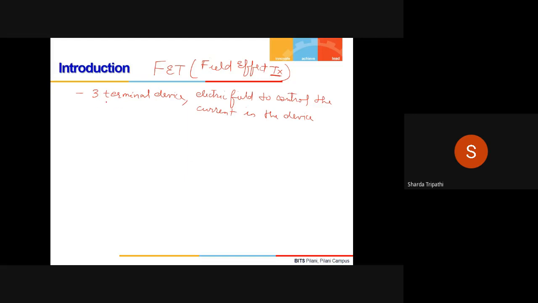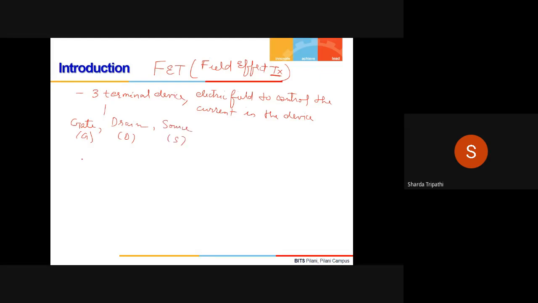So these three terminals, in case of FETs, are called gate, also denoted as G. Other terminal is the drain, denoted as D. And the third is the source. This is denoted as S.